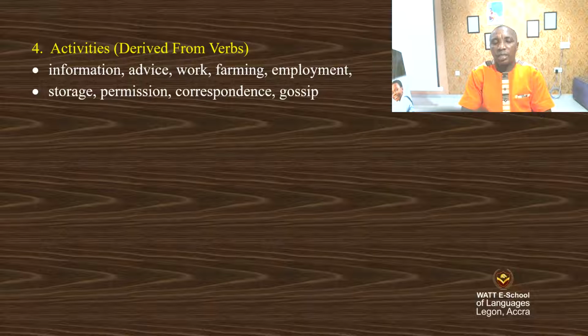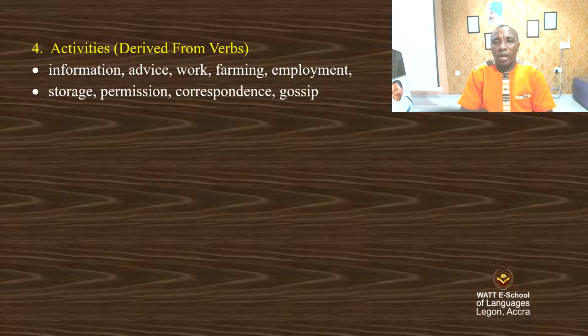These are names under activity that derive from verbs. When you say derive from verbs, it means information derives from the verb to inform, advice from to advise, work from to work, farming from to farm, employment from to employ, storage from to store, permission from to permit, correspondence from to correspond, gossip from to gossip.